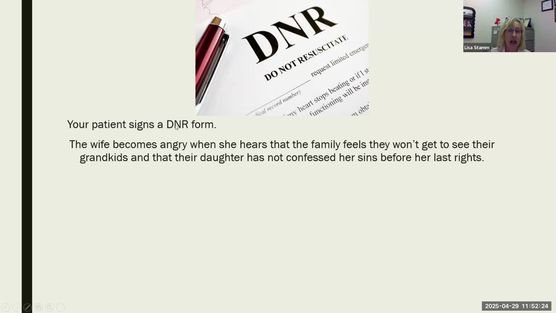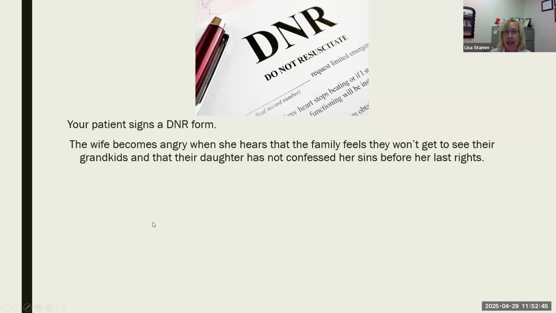Like if they were admitted into hospice at home, this DNR form would need to be at the head of their bed, because if first responders come in, they are bound by law to resuscitate a patient unless they have a DNR form that is active at that time.